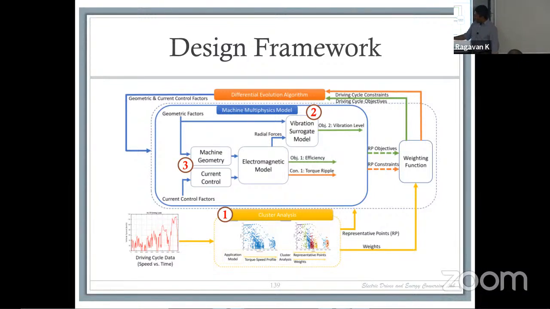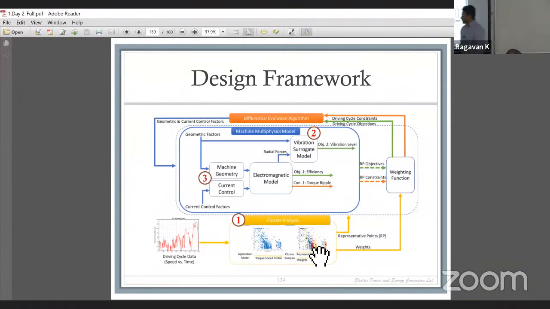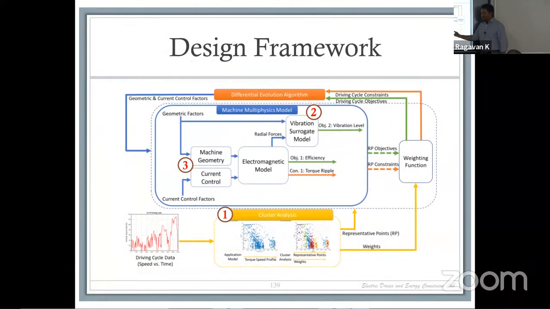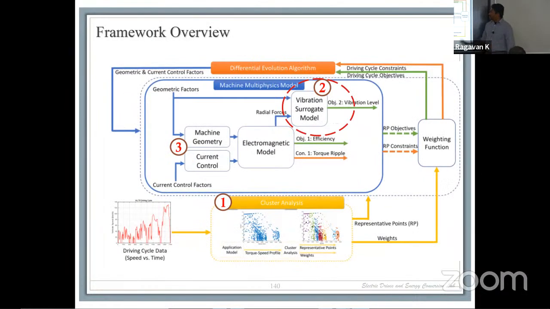For example, here you see we have 1, 2, 3, 4. And from that, you create the representative points. I will talk about what they are tomorrow or on Friday. But that gives you the information you need for creating this overall design. So let's start with the vibration surrogate model.